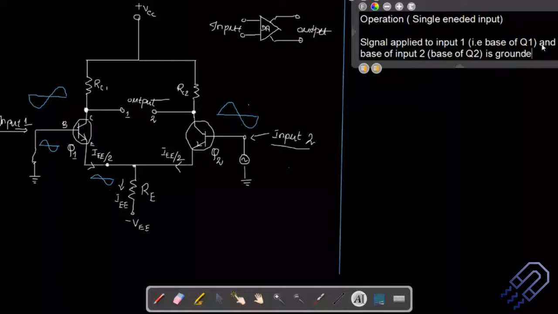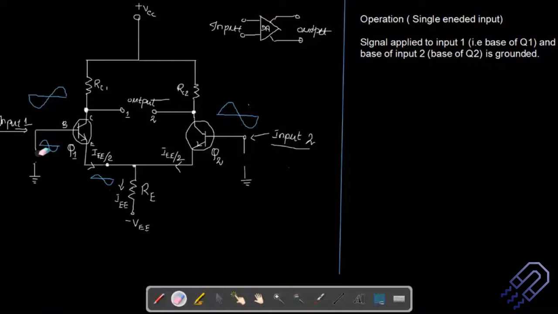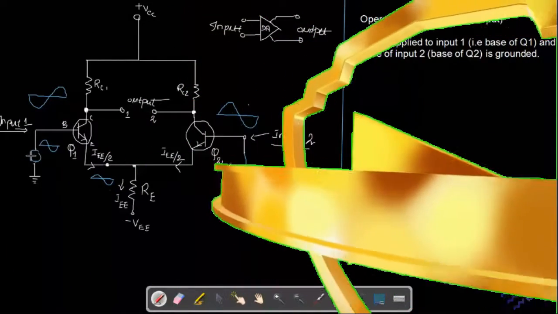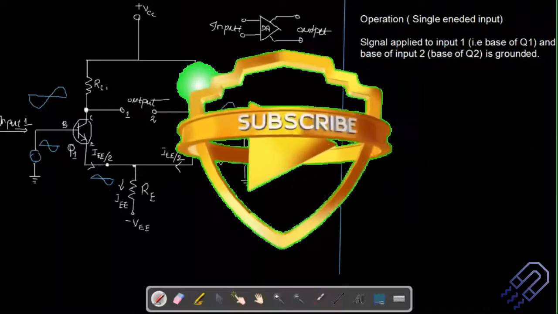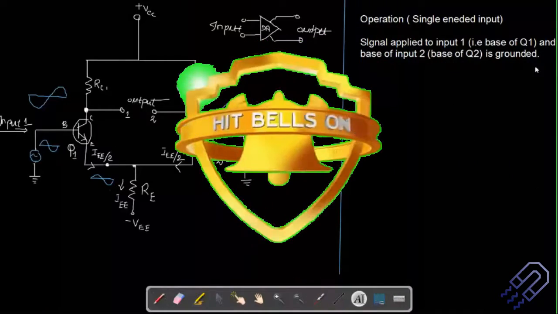That means we are not going to apply any signal here. This is going to get grounded, and we are just going to apply a signal at this particular end. So let's ground this, and we'll directly connect it here, using a different color so that we can easily understand this. And this is the signal that we are applying on this particular end. This is the correct circuit diagram for the explanation as per whatever I'm defining now.